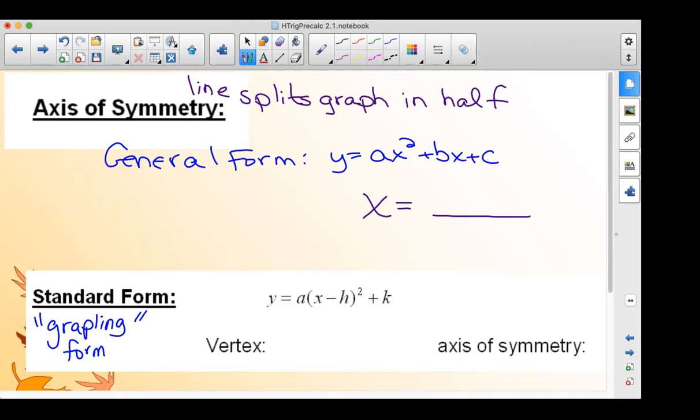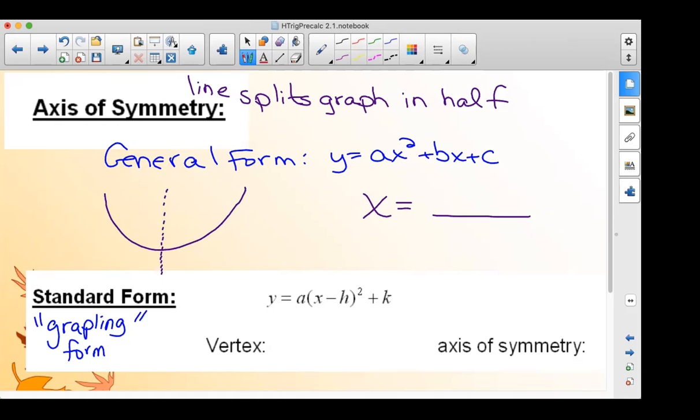Does anybody remember the formula or the equation for the axis of symmetry? It was a fraction. It has to be x equals because it's a vertical line splitting our graph in half. The axis of symmetry we drew as that dashed line that went through the graph.